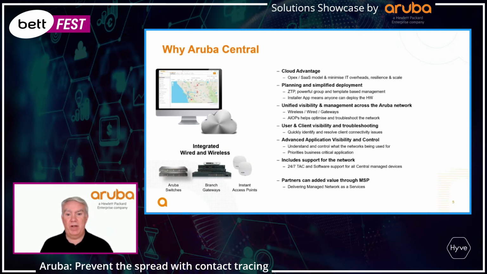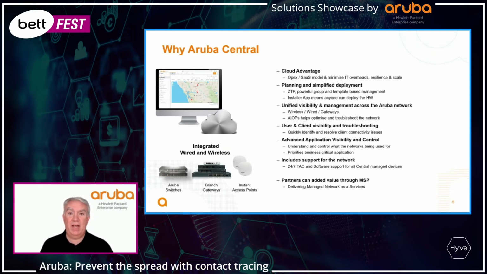Once your network's up and running, we give you unified visibility of both wired, wireless, and gateways, so delivering that elusive single pane of glass management. And along with that, we've got AI Ops, so AI machine learning that's helping monitor the network, identify issues, and help you troubleshoot it on a day-to-day basis. You've got great visibility of users and client connectivity, as well as troubleshooting, which I'll show you in the demo, as well as application visibility and control.